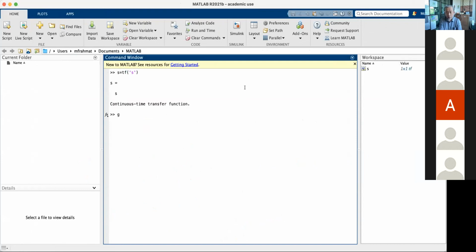Then G is equal to s plus 3 over s multiplied by s plus 1, multiplied by s plus 2, multiplied by s plus 4. Okay.